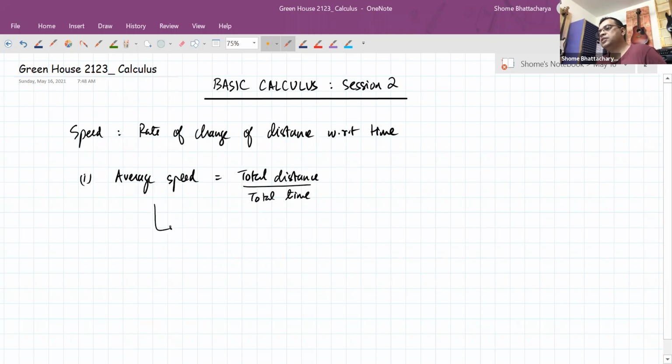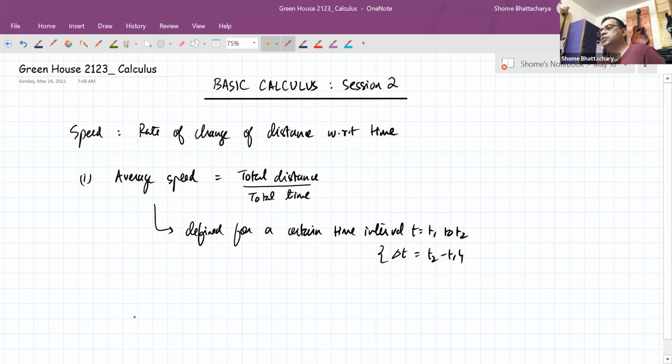So average speed is defined for a time interval. That is, let's say T1 to T2, or we can say that the time interval is equal to T2 minus T1. So this becomes equal to the distance traveled in that time interval divided by the total time interval.